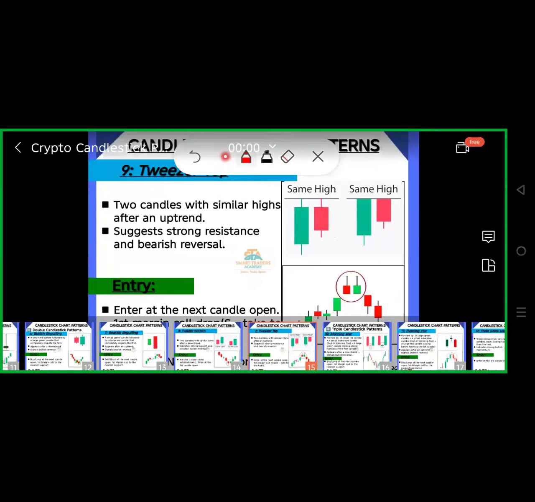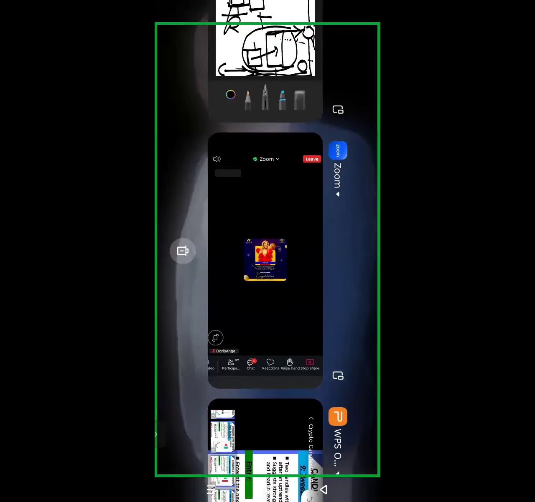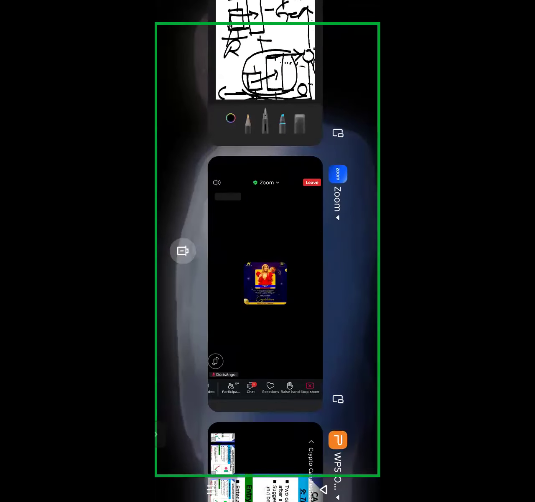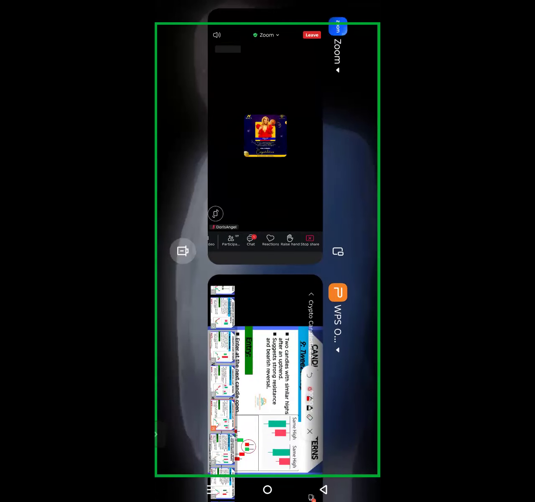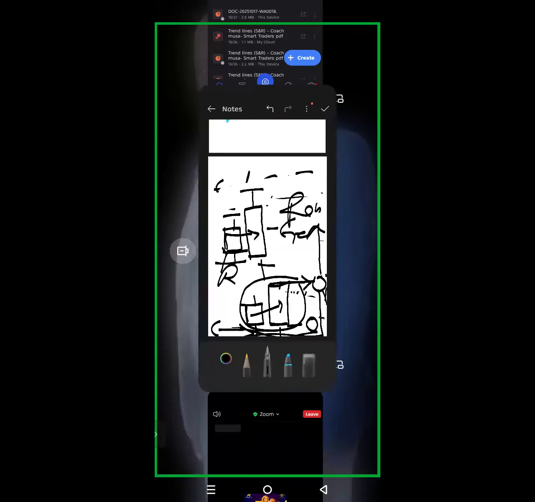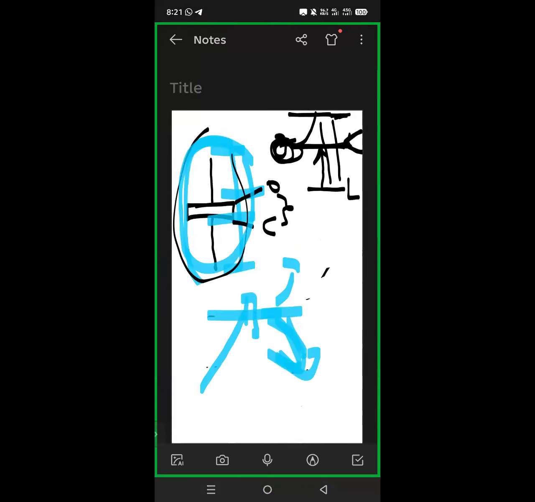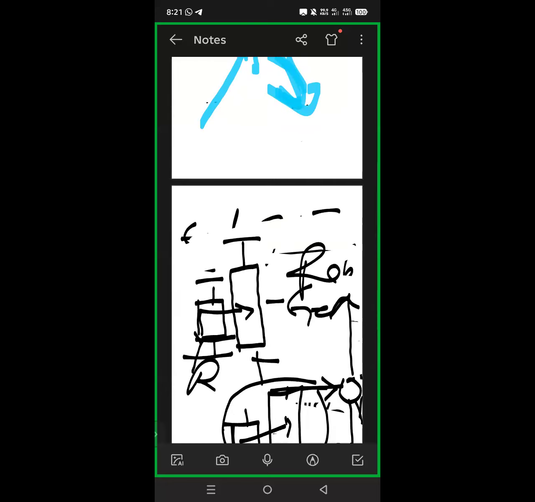Okay. So let's talk about the tweezer bottom and the tweezer top candlestick pattern.